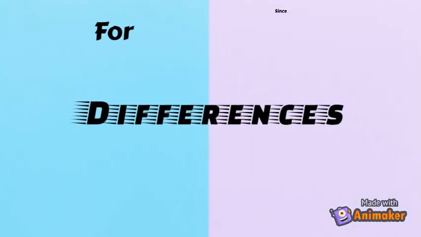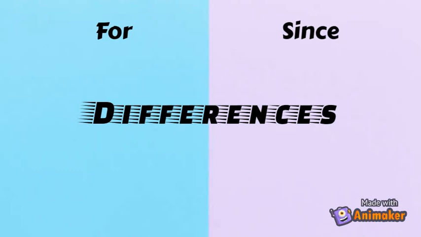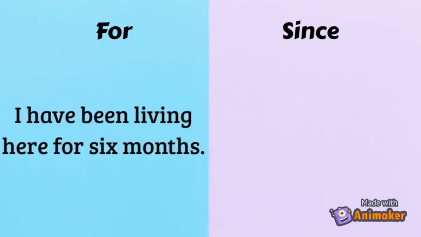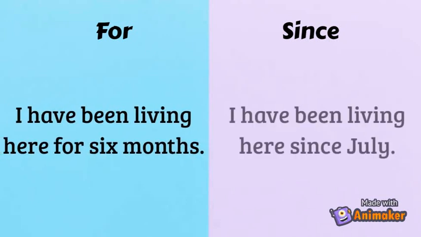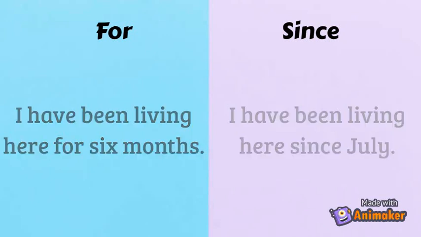So now we are going to look at the differences between them. I have been living here for 6 months. I have been living here since July. The information we get here is the same, though the grammar is different.